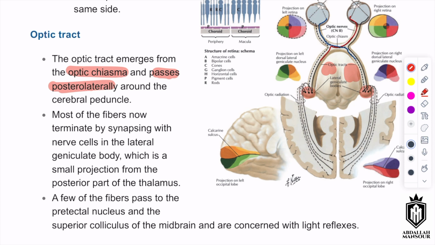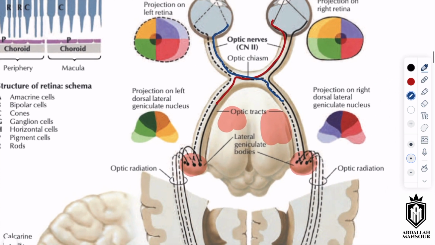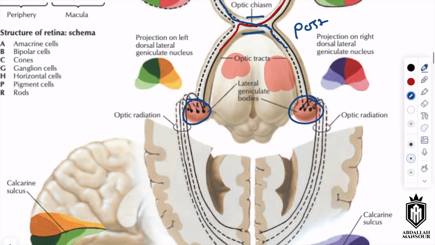Just a few fibers will pass to something called the pretectal nucleus and the superior colliculus of the midbrain, but I wouldn't worry about this for now. What I need to worry about is that the optic tract is a posterolateral continuation of the chiasm, and then it will pass laterally to the cerebral peduncles and terminate in the lateral geniculate body.